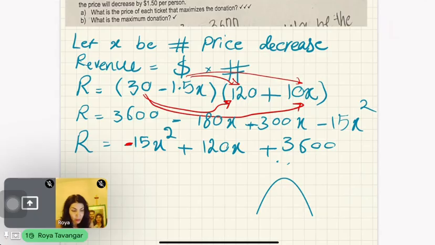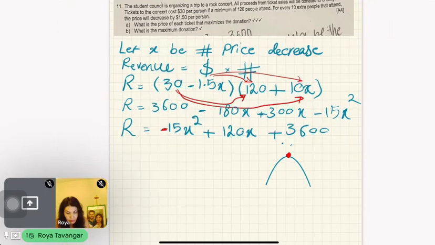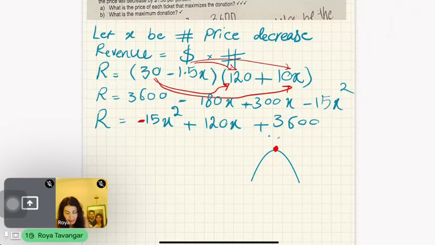And in order to find the vertex, which is the maximum revenue, when you have the standard form, you know that the vertex is x equals negative b over 2a, and y you are going to calculate. We know that this is a, this is b, and this is c.